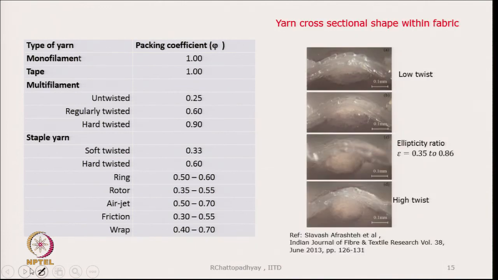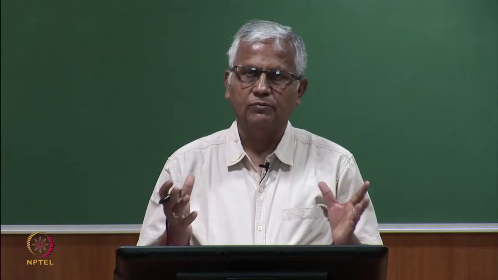Now, yarn cross sectional shapes within the fabric are shown here, and the table on the left hand side shows packing coefficient in yarn. This is important for us, because how the fibers are packed in a yarn can affect the properties of the yarn and also the properties of the fabric.